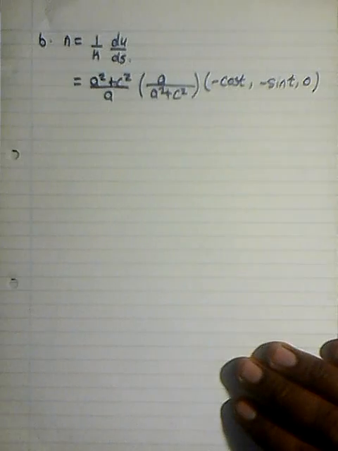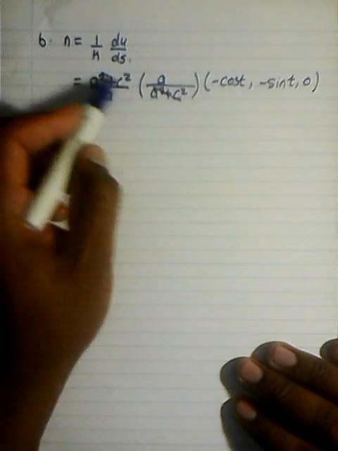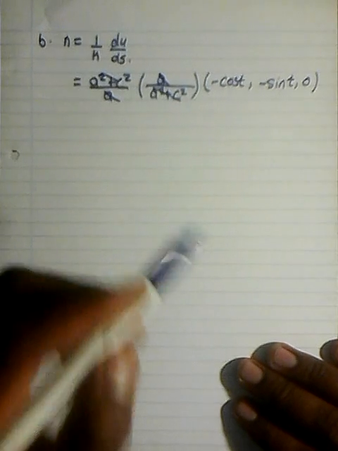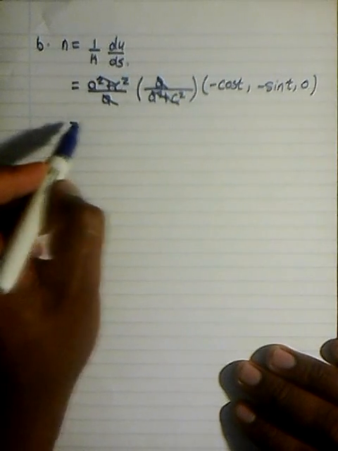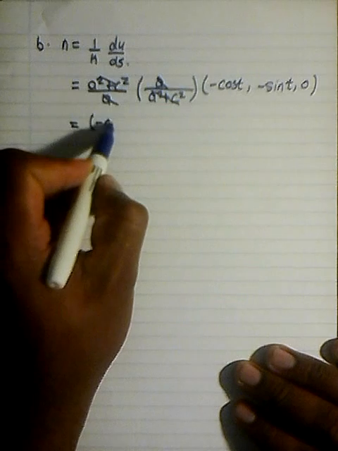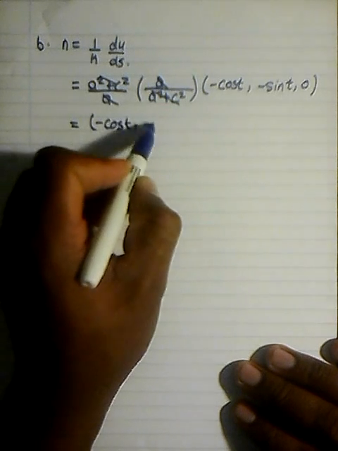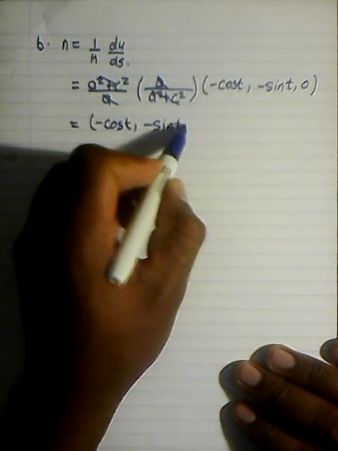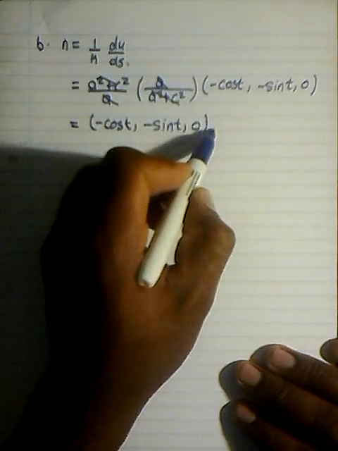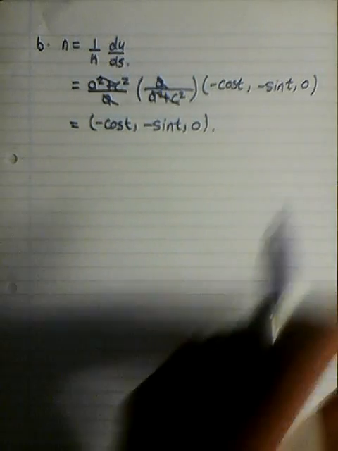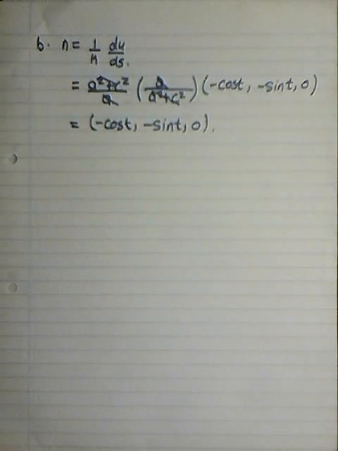Note that this will cancel out this, and that will cancel out this. So our normal vector is minus cos t, minus sin t and 0. That's our normal vector.